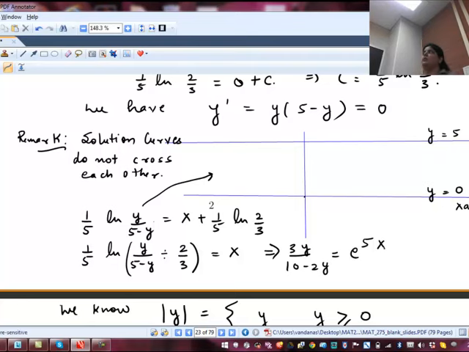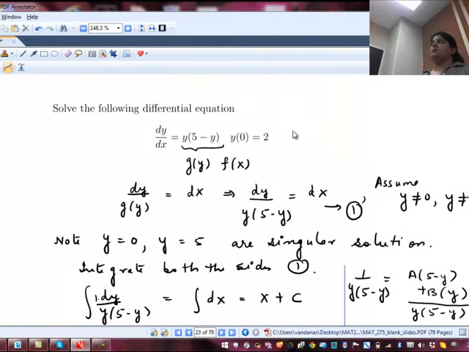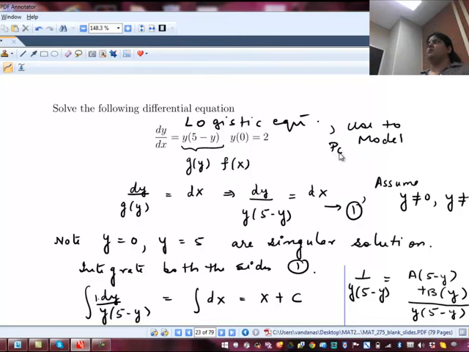So this whole equation has a physical interpretation which is called the logistic equation. It is used to model population. It was a crude model given initially. Now, as you can see, 5y is initiating the growth of population because of a constant times y, but the negative 5y square is decreasing the population, right?